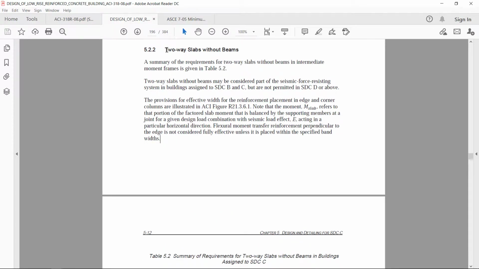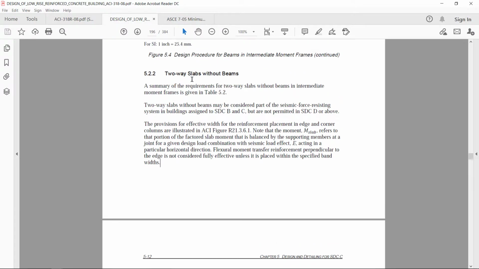The factors or parameters we should consider for a two-way slab system without beams are explained very clearly over here. A summary is given in table 5.2 below, which I will explain. And this condition is very important.